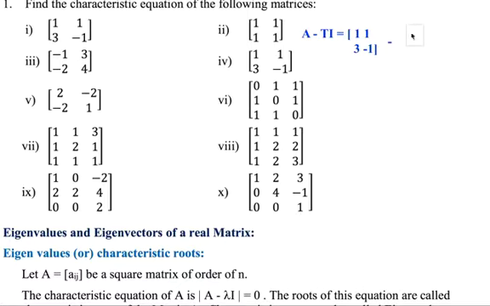So I is nothing but 1 0, 0 1. So this is lambda times I. So nothing but 1 minus lambda, 1, 3, minus 1 minus lambda.